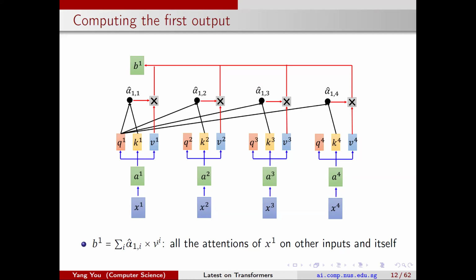Because V3 is the information of X3, or the feature, we need to know that information. V3 is the information of X3, and alpha hat 1,3 is the strength of the relationship between 1 and 3. So alpha hat 1,3 multiplied by V3 is the attention from 1 to 3.